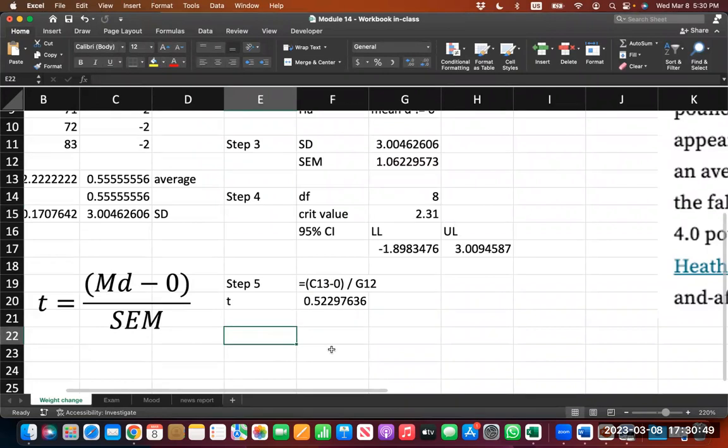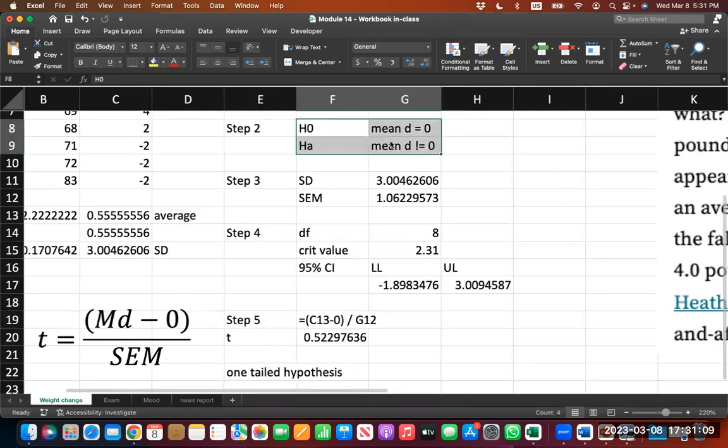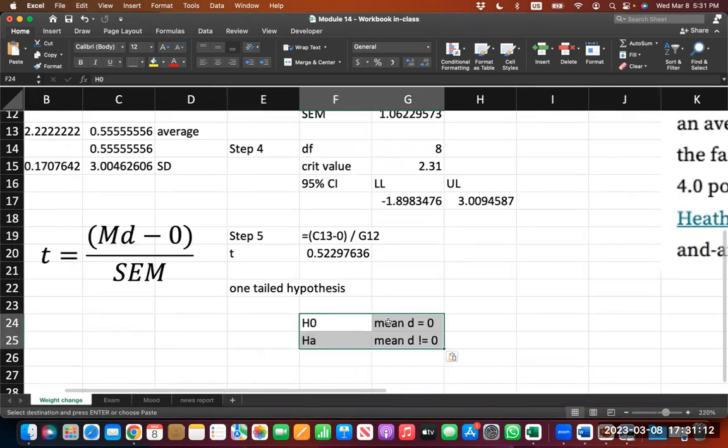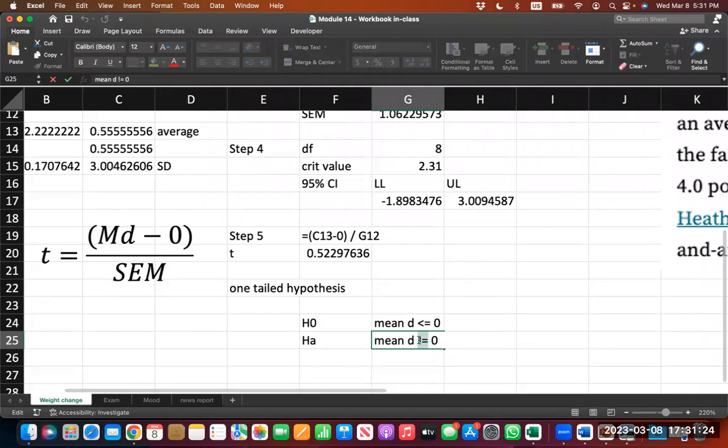What would it look like if that were a one-tailed hypothesis? You would need to keep in mind whether you are hypothesizing an increase or a decrease. So if you do a one-tailed hypothesis, and you're saying under the null hypothesis, your mean d will be smaller or equal than 0, and your mean d under the research hypothesis would be greater than 0.